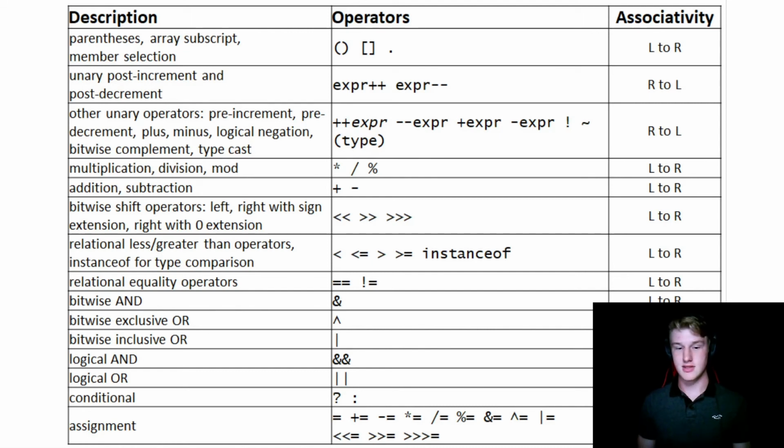And then here in a second, we're going to get into plus equals, minus equals, multiplication equals, division equals, modulo equals, or equals, exclusive or equals, regular or equals, bitwise equals. So we're not going to really get into the bitwise equals, but we will talk about plus equals, minus equals, multiplication equals, division equals, and modulo equals.